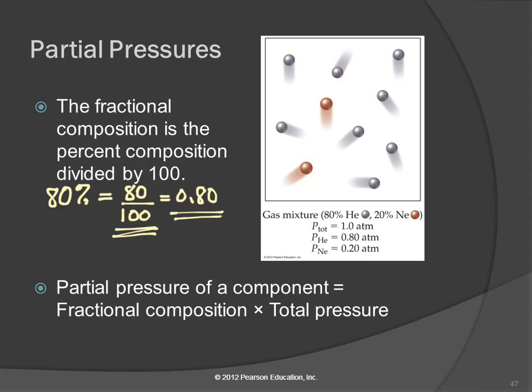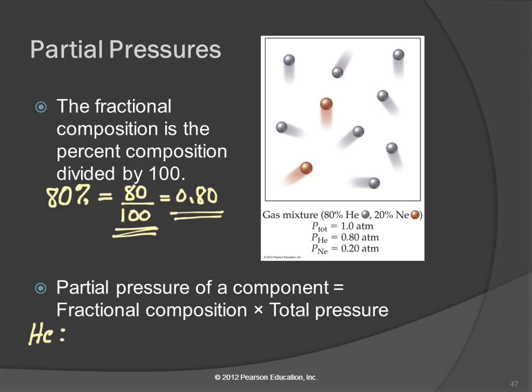In that picture, the total pressure is 1.0 atmospheres, and it gives us the partial pressures of each individual gas and the percent composition. Let's calculate the partial pressure and see if it's correct. For helium, the percent composition is 80%.